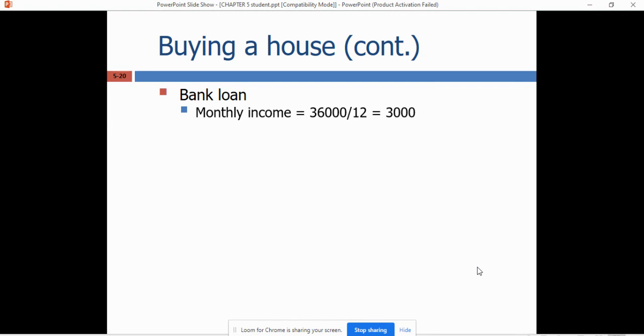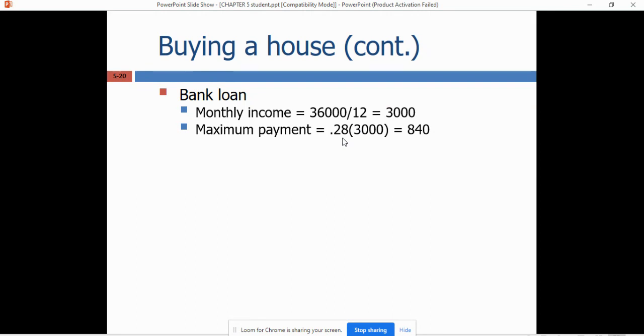All right, so let's calculate the bank loan first. Your monthly income is 36,000 divided by 12, because they just give you the annual income. So your monthly income is 3,000. So the maximum payment allowed, your mortgage, is 840, which is your monthly income times 0.28 or 28%.